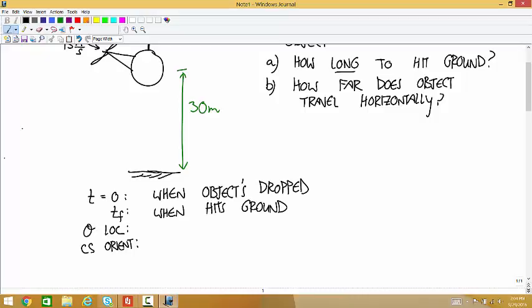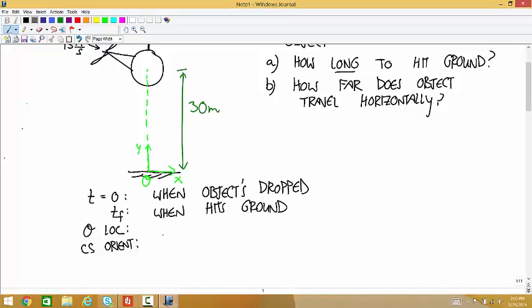For the origin location, I'm going to do what I usually do. Put the origin on the ground, right beneath where the object is at time equals 0. So on the ground, right below where the object's dropped. And then this is my coordinate system orientation.